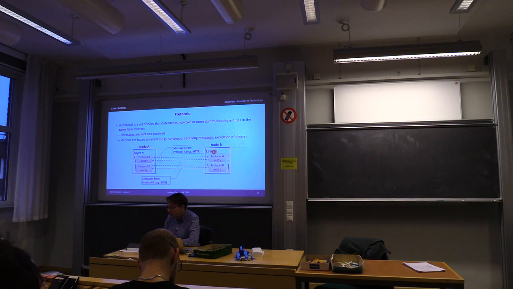And it talks to another piece of software executing protocol A at node B. These protocols interact by sending messages back and forth to each other according to the language or the rules which are specified by the protocol. So if protocol A happens to be HTTP, then these are HTTP commands that go back and forth, requests and responses to these.